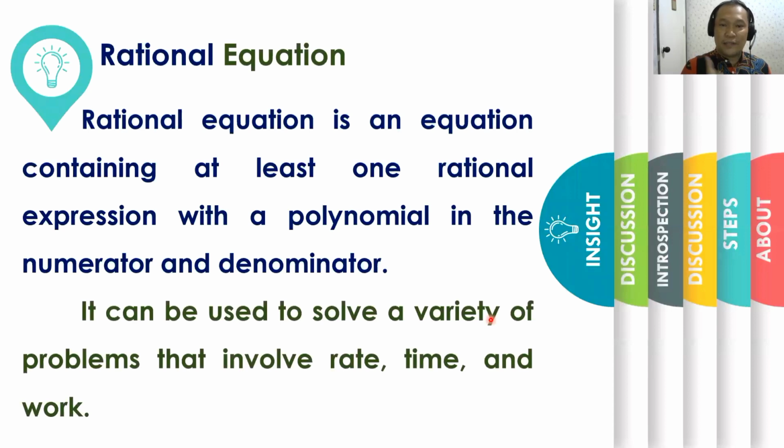Number three, solve the given equation. And number four, verify your solution if that is extraneous or not. And always remember, rational equations can be used to solve a variety of problems that involve rate, time, and work.